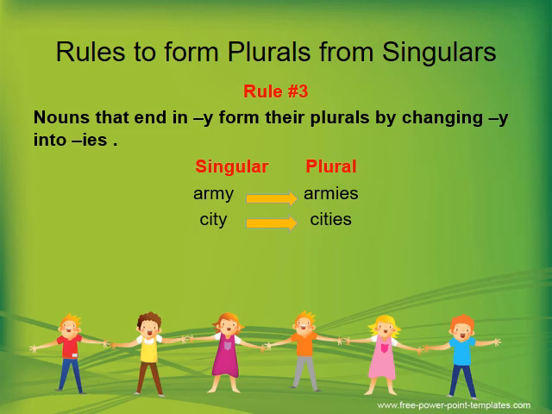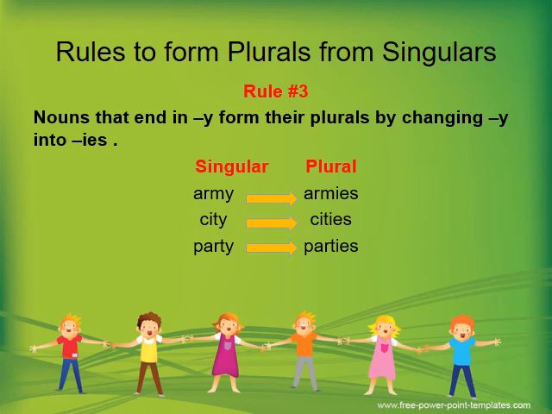City. Again, city is a singular noun that ends in y. So, how we will form the plural form of the singular noun? By adding ies instead of y. So, it will become cities. So, the plural form of city is cities.